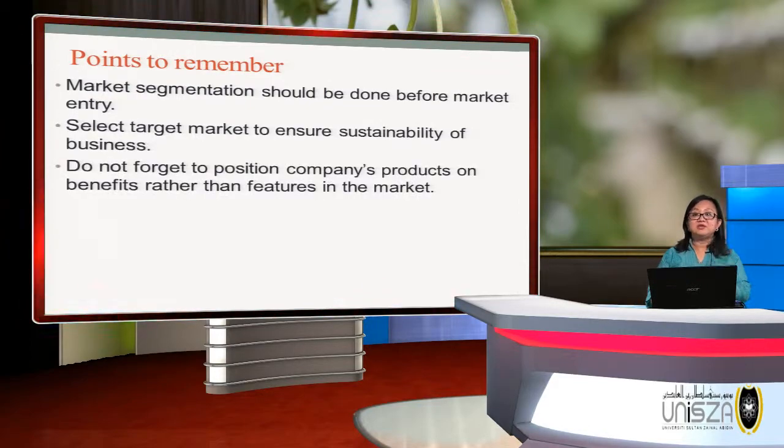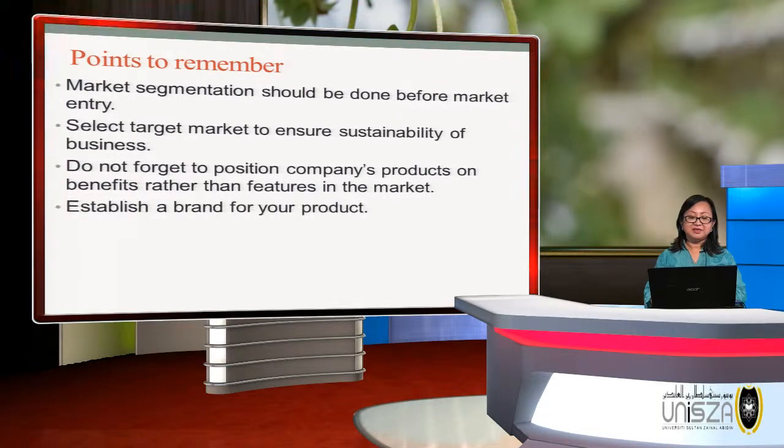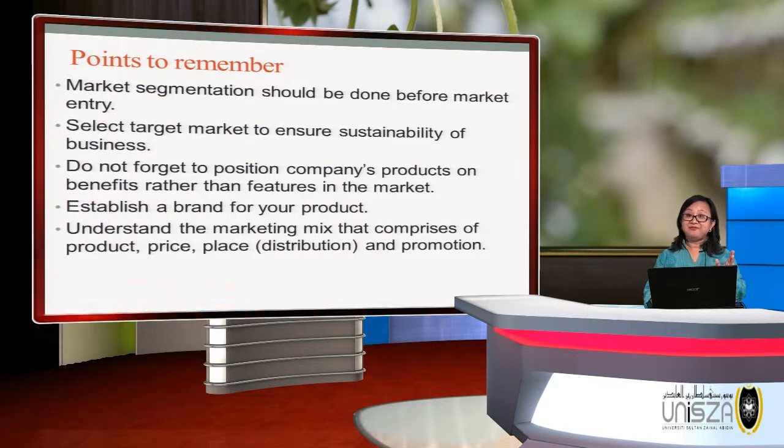Thirdly, please do not forget to position your company's products on benefits rather than features in the market. Fourth, you have to establish a brand for your product. Fifth, understand the marketing mix that comprises product, price, place, and also promotion.